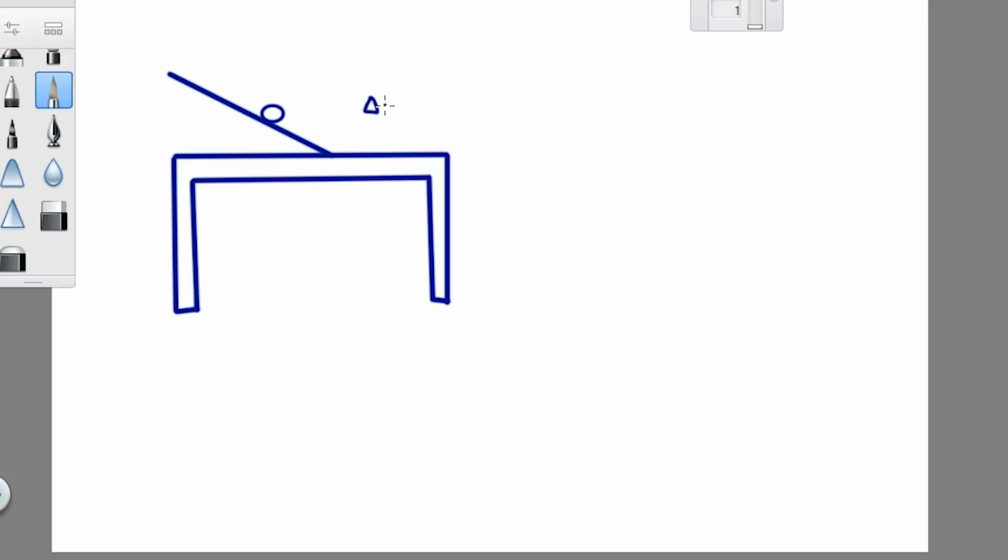Our change in our x position here is 23 centimeters. So 0.23 meters. And the time that it took to do that was what did we say? 0.148 seconds.